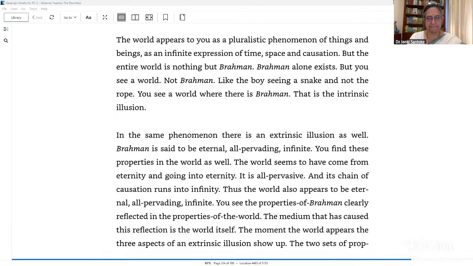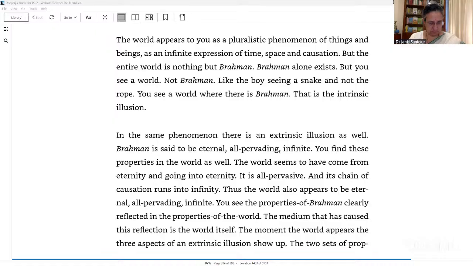In the same phenomenon, there is an extrinsic illusion as well. Brahman is said to be eternal, all-pervading, infinite. You find these properties in the world as well. The world seems to have come from eternity and going into eternity. It is all-pervasive, and its chain of causation runs into infinity. Thus, the world also appears to be eternal, all-pervading, infinite.